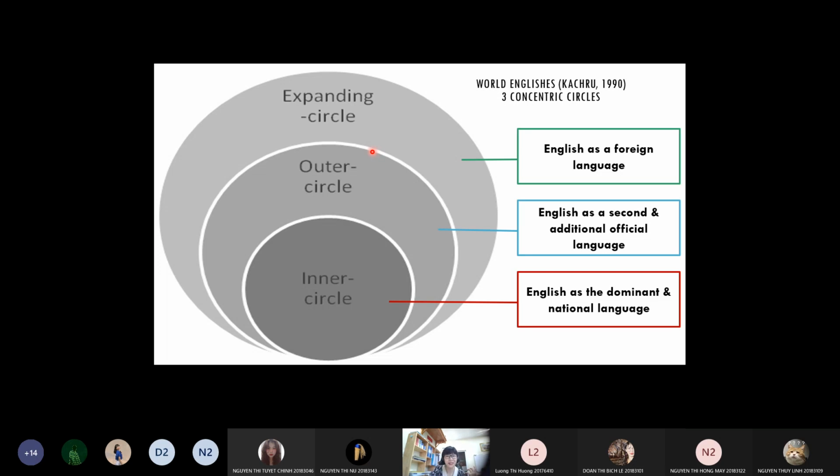That's the way it is. It's just like South Africa. Maybe 30 years ago, they were in the expanding circle, but now they are closer to the outer circle. So countries don't stay in the same place for years. There are some changes, and we have to acknowledge that.